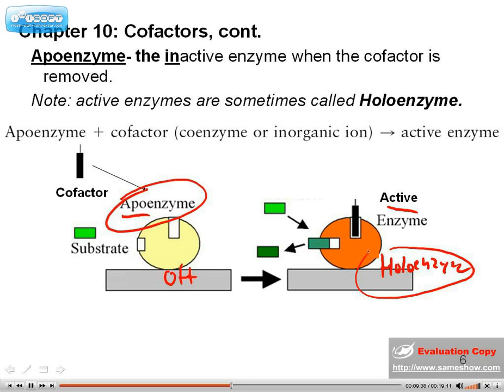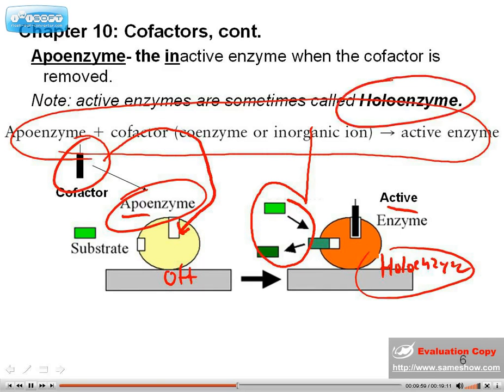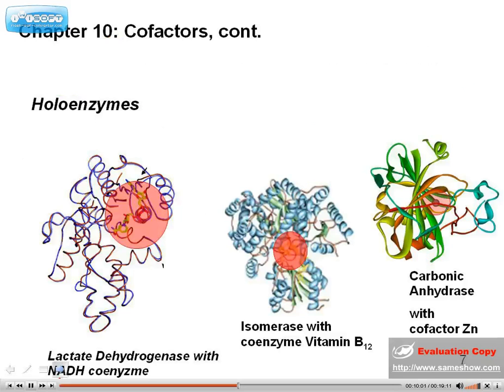In general, in order for this enzyme to be active, we need to add in our cofactor. The minute the cofactor is added into a special slot within the apo enzyme, it makes it active, in which case it will start catalyzing the substrates. So know this general reaction, know these terms, apo and holo enzymes.